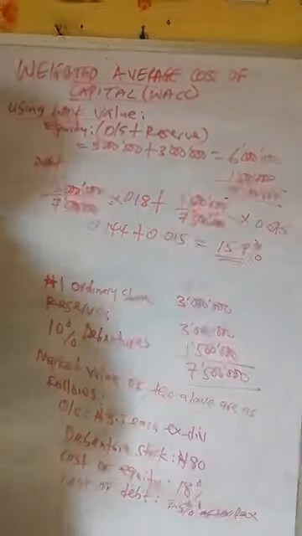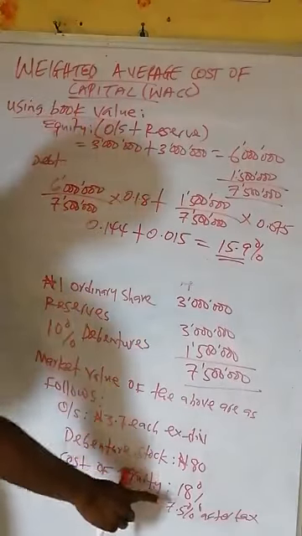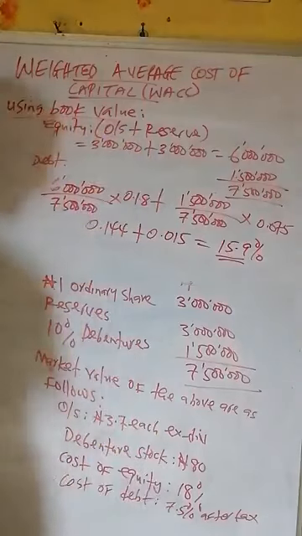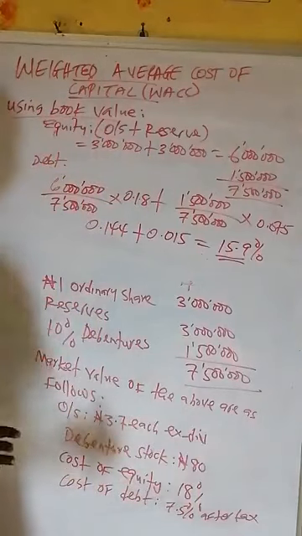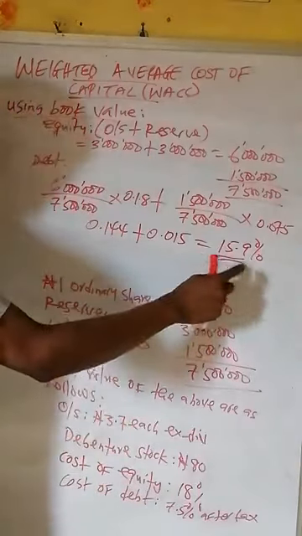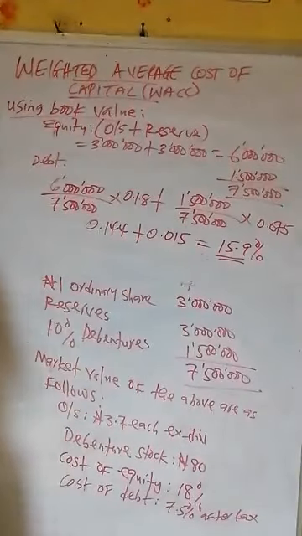If you are to use equity, the cost of equity is 18%, or you use debt, so there will be confusion on which cost of capital to use. Therefore we now have a new one which serves as the cost of capital to use, using the book value.